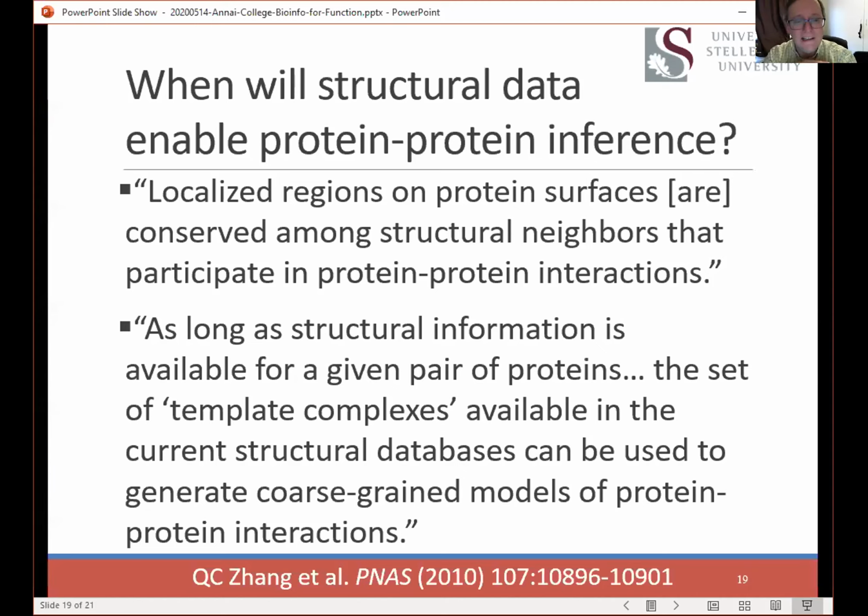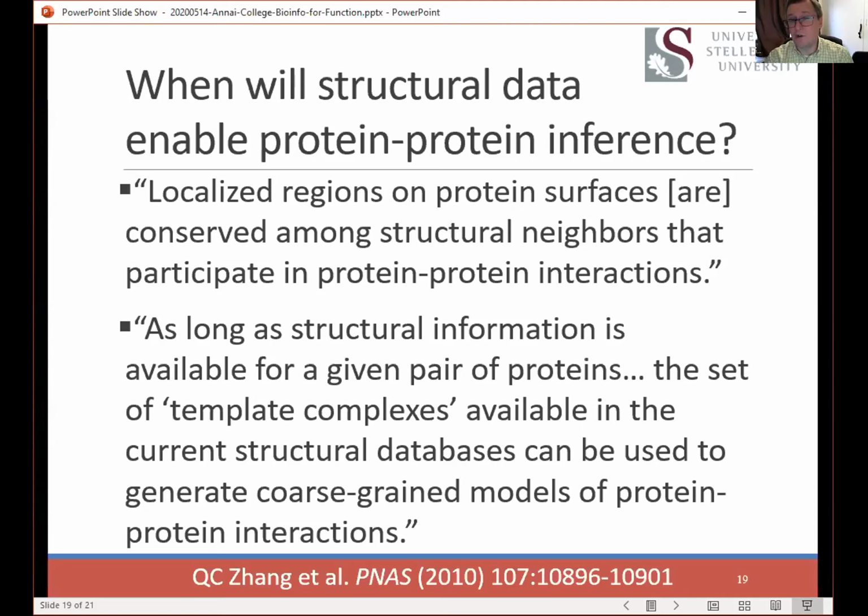Okay, as long as structural information is available for a given pair of proteins, the set of template complexes available in the current structural databases can be used to generate coarse-grained models of protein-protein interactions. So if we imagine something like yeast, yeast has 6,200 different genes, and a slightly larger number of protein products that relate to that.